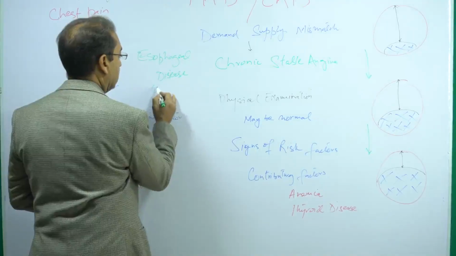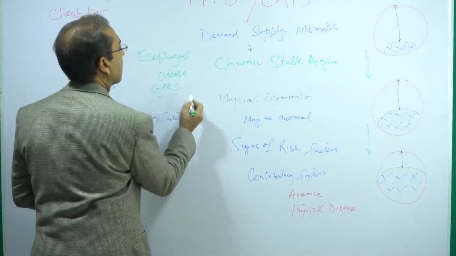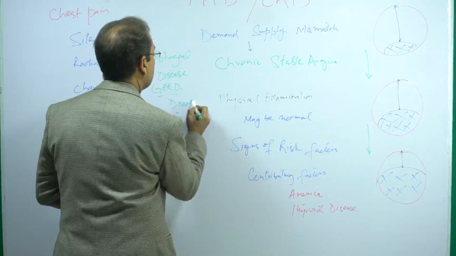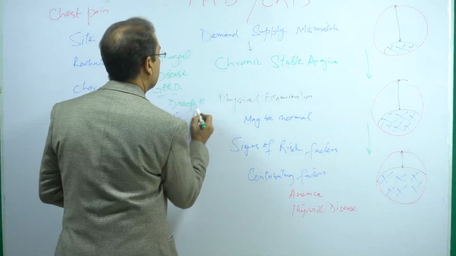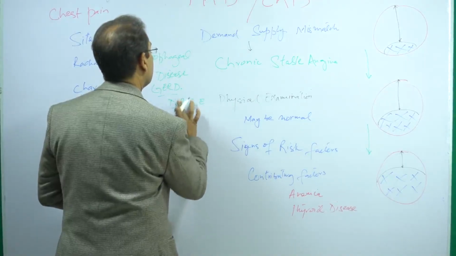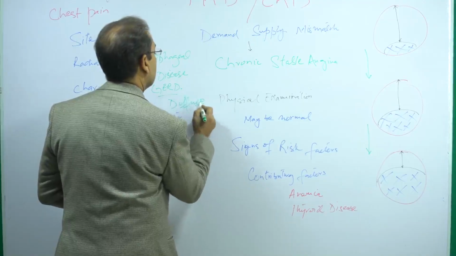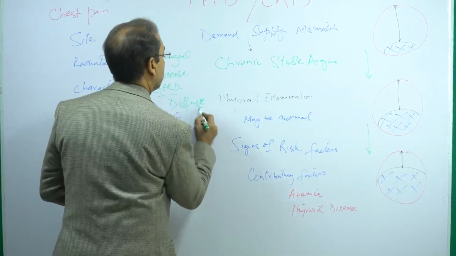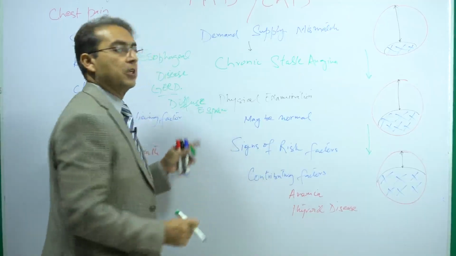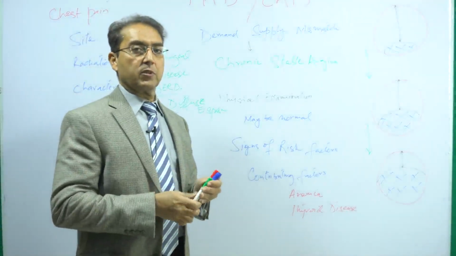That is GERD, gastroesophageal reflux disease, and diffuse esophageal spasm. And other motility disorders of the esophagus, for example, achalasia, can also produce similar symptoms.